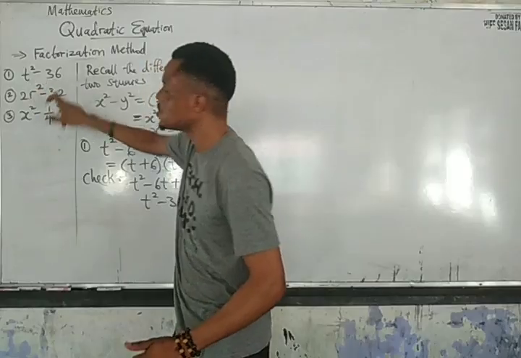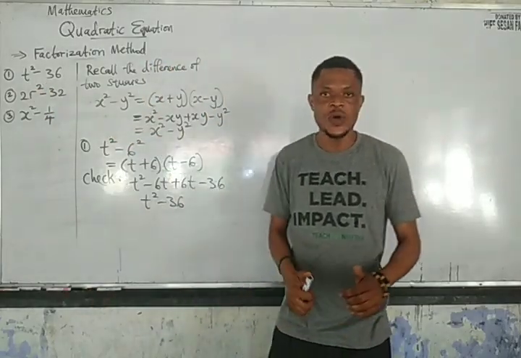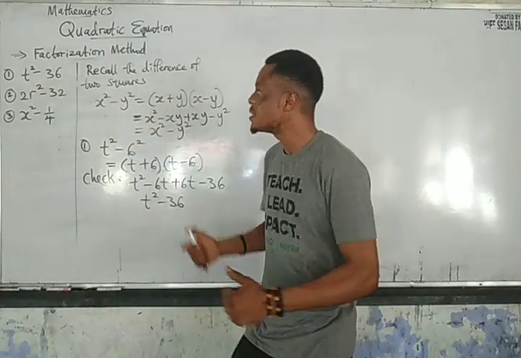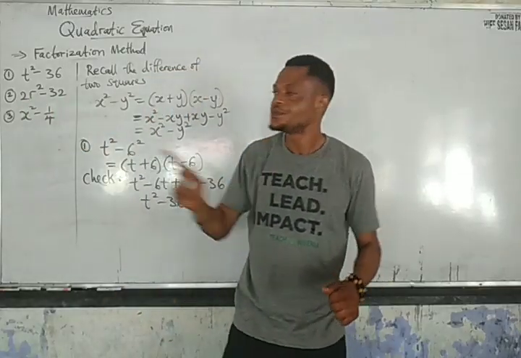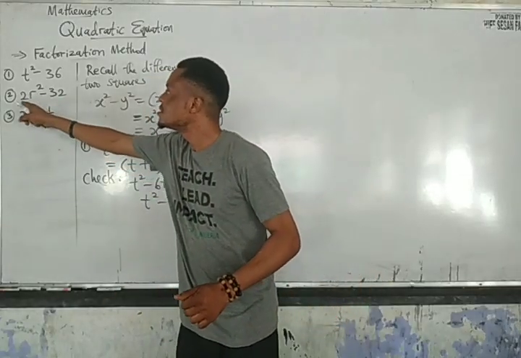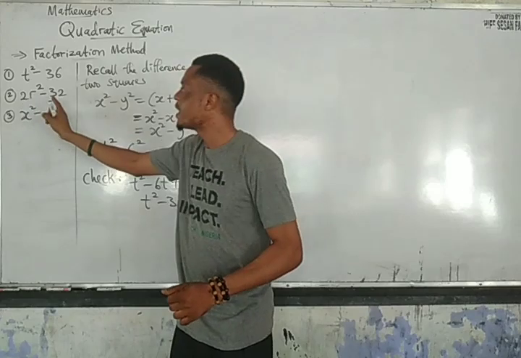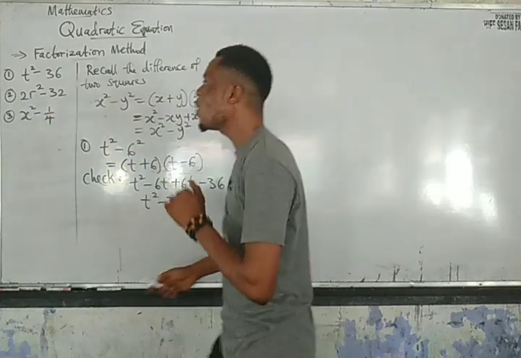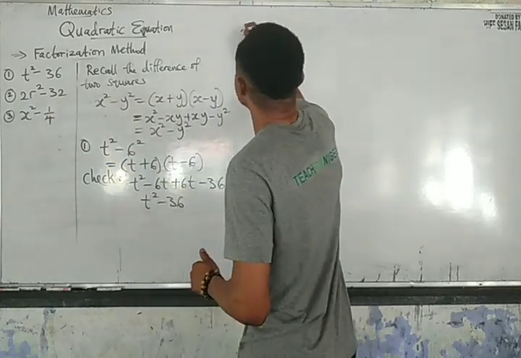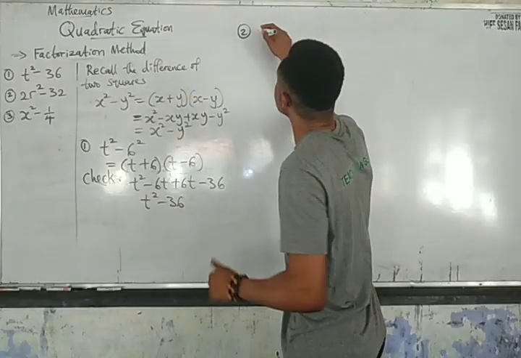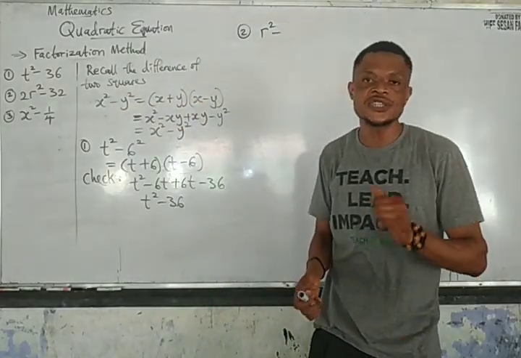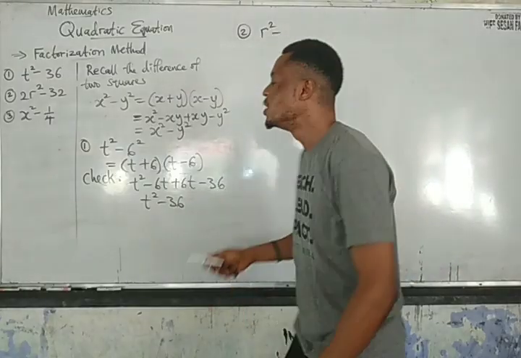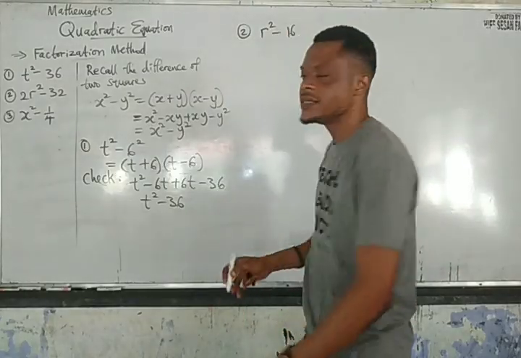Now for the second one, 2r squared minus 32. 32 is not a perfect square. So we try to maneuver this by first dividing by 2. You divide the left side and the right side by 2. So when you do that, you will be left with r squared minus, by the time you divide 32 by 2, you will be left with 16.